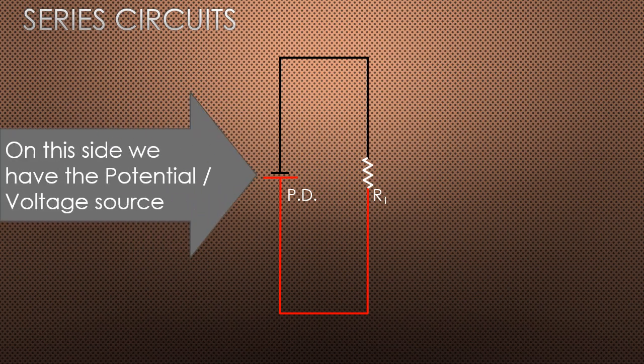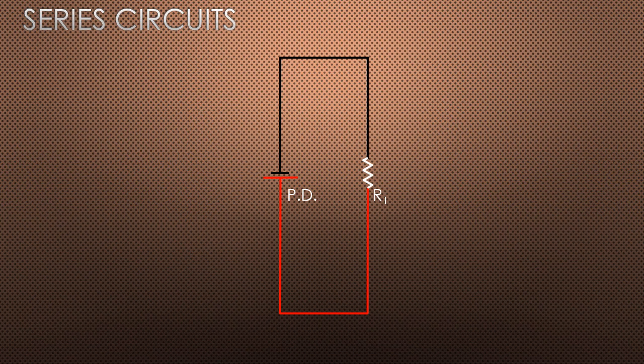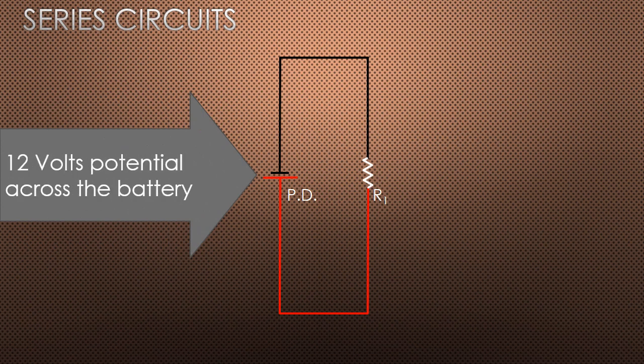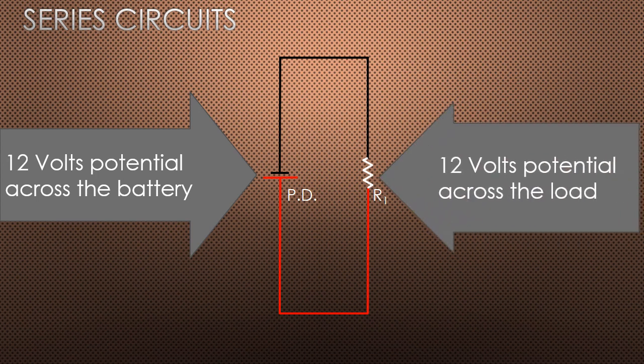On this side we have the potential, the voltage source, in between those two plates, and on this side we have a load, which restricts the electron flow from the negative source to the positive. We're going to say that this has 12 volts potential across the battery, and there's going to be 12 volts potential across this load.